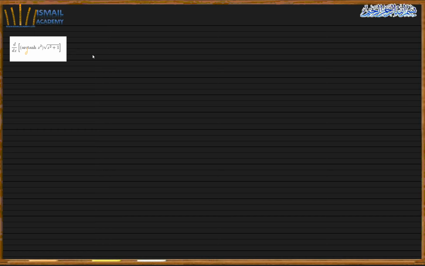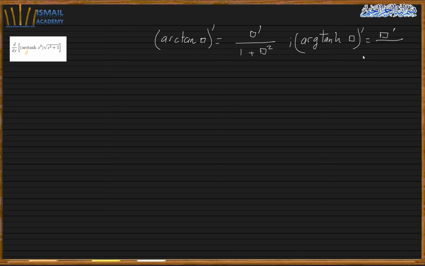Alright, so the derivative of arc tangent of something prime is the derivative of that thing over 1 plus the expression squared. For arc tangent hyperbolic of something prime it is the same behavior. So we have the derivative of the expression, but instead of plus here we have minus.